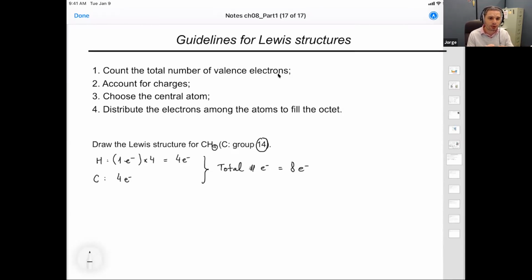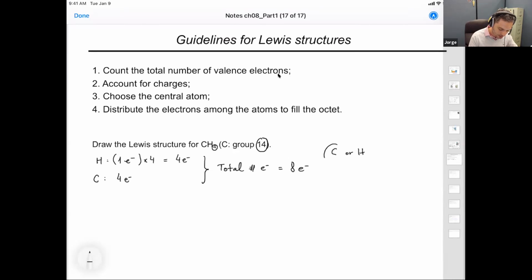Third step is to choose the central atom. Hydrogen can never be the central atom because it's a small atom. The central atom is the largest one and usually the atom in the lowest amount in the formula. In this case, we have to decide between carbon or hydrogen for central atom.